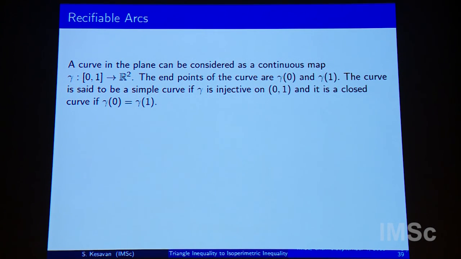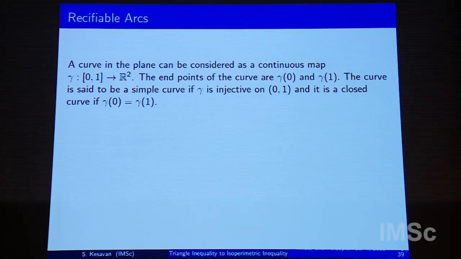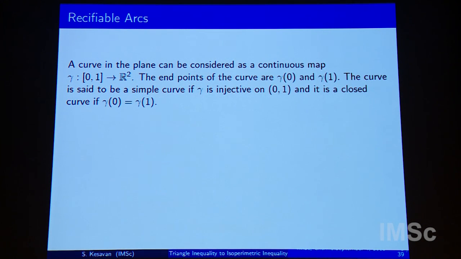It is said to be a closed curve if it comes back to the starting point, so gamma 0 equals gamma 1. You move from 0 to 1, and gamma of t traces something like what Revati showed today. It traces a path. If it does not come and cut itself in the middle, then it is called a simple curve. If it comes back to the starting point, like an ellipse or a circle and so on, that is called a closed curve.